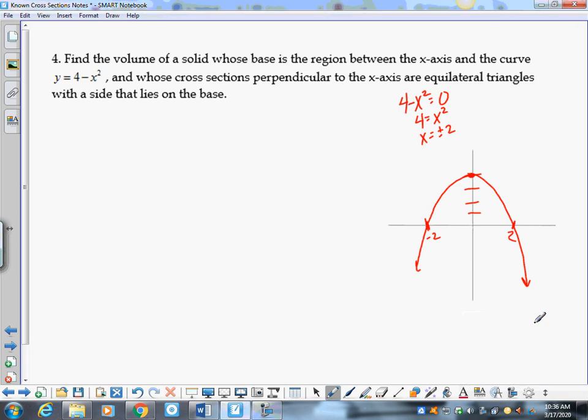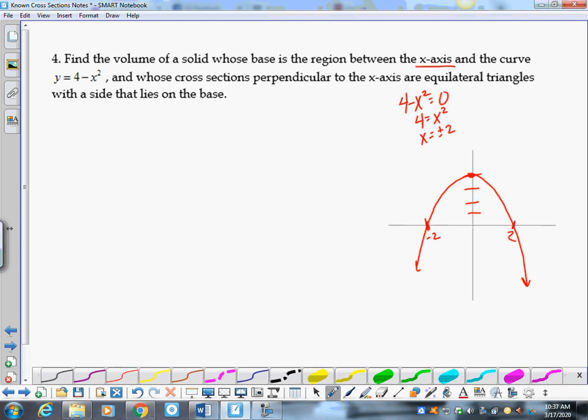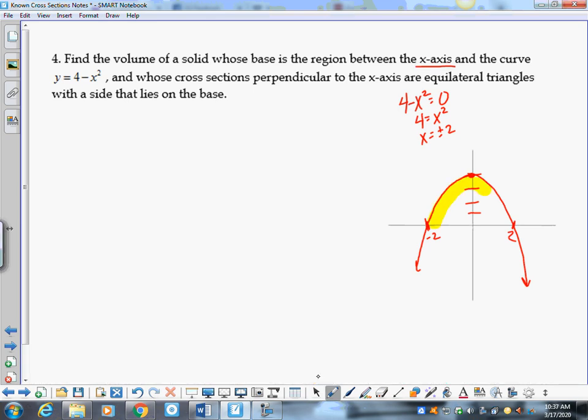Okay, so I have the base parabola, and it says between the parabola and the x-axis. So my shaded region is this. And I hope you guys can already start to see how this would be a fantastic FRQ, because with this shape right here, part A, I could ask you for the area.